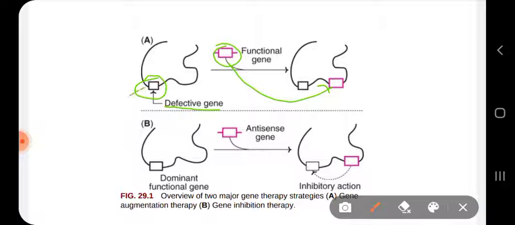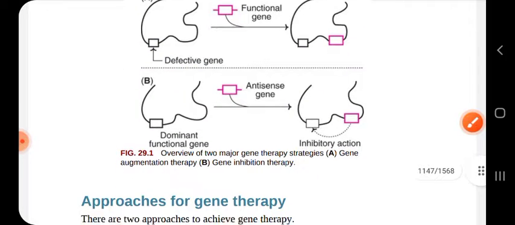This defective gene is not producing that particular protein product, and that's why it leads to a certain disease or disorder. By introducing the functional gene, it produces a normal protein, and in this way we can restore the health condition of that patient.